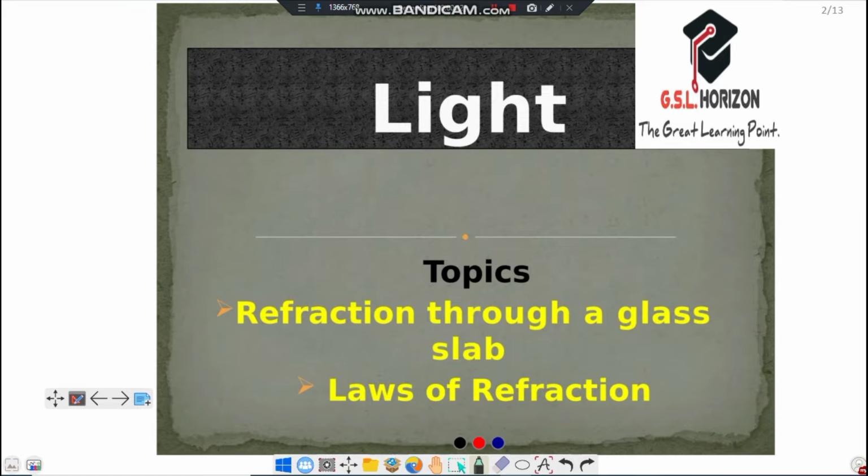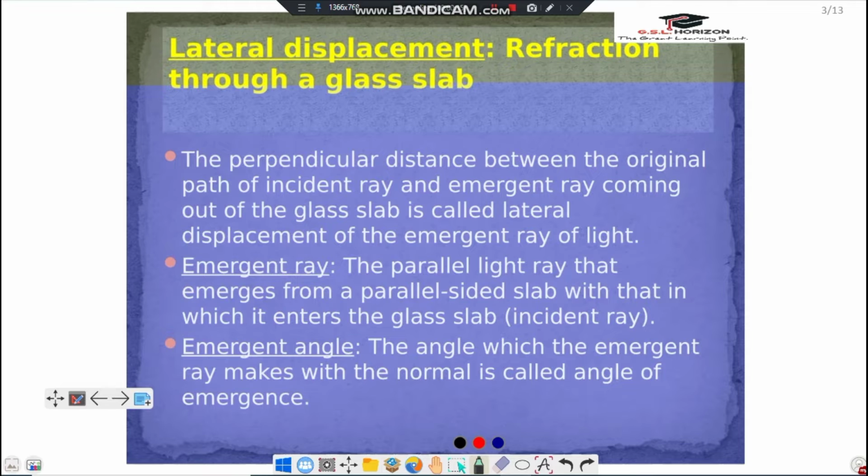So, friends, now comes our topic: light refraction through a glass slab and laws of refraction. Dear friends, lateral displacement in refraction through a glass slab.